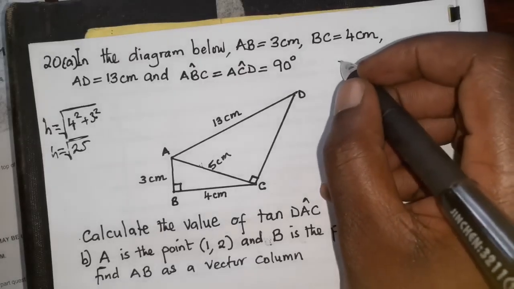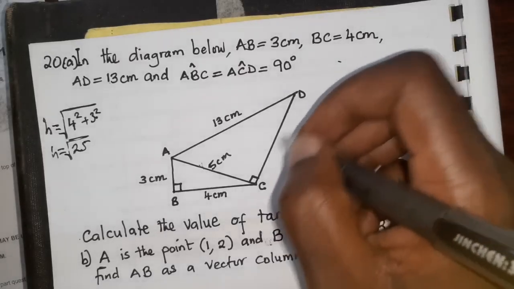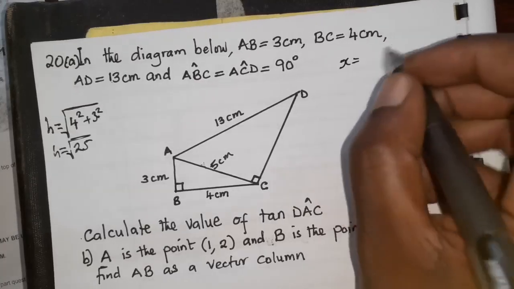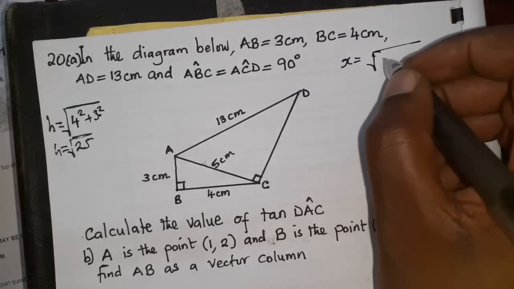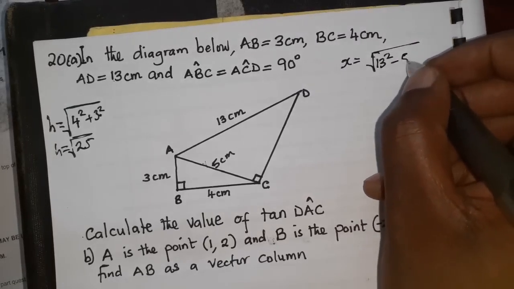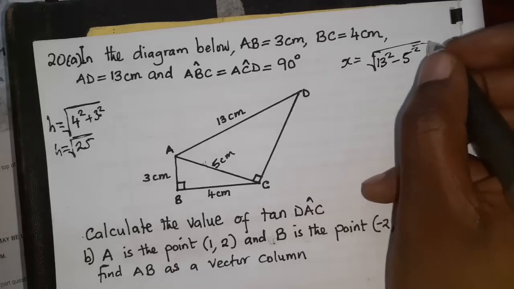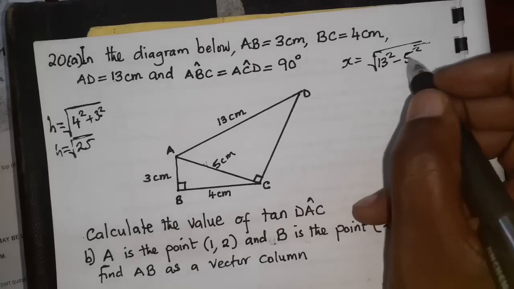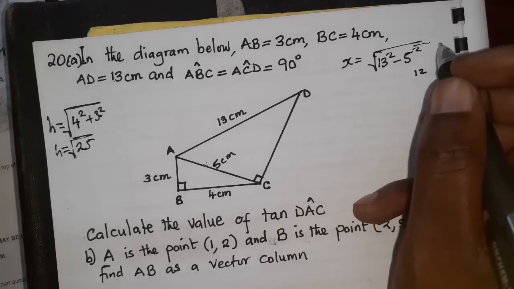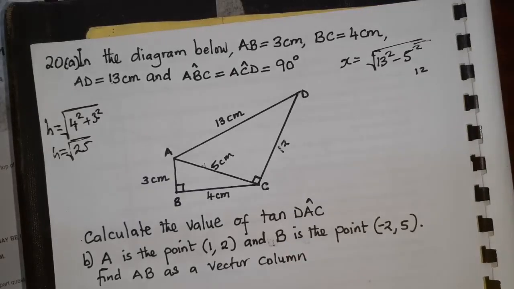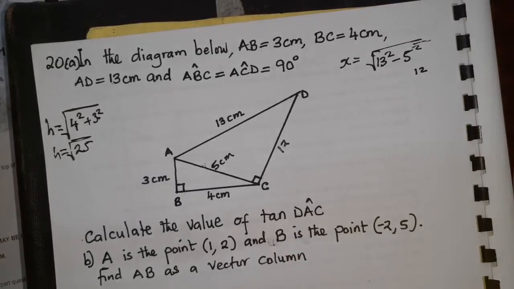This side, we can even call it x, will be equal to 13 squared minus 5 squared. Just do this, you will see that it's going to give you 144, and when you take the square root of 144, you get 12. So this is 12. That is very important for you.